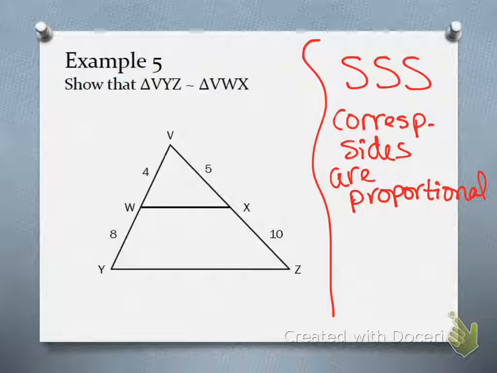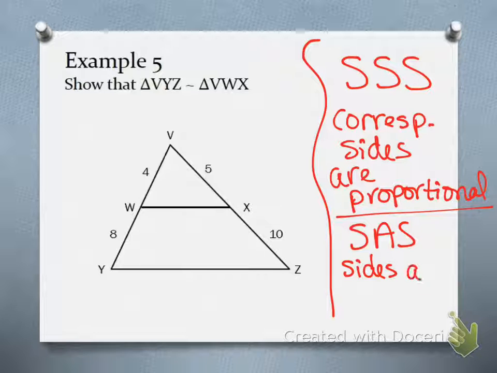All right, what was the other way we talked about yesterday? Side, angle, side. In this case, sides were proportional and angles were congruent.